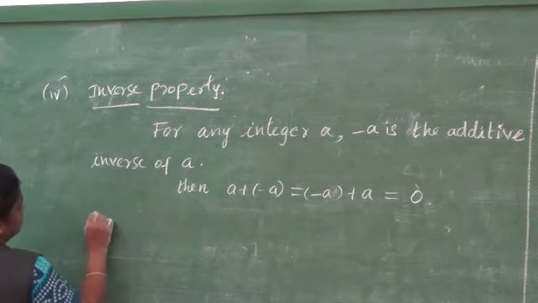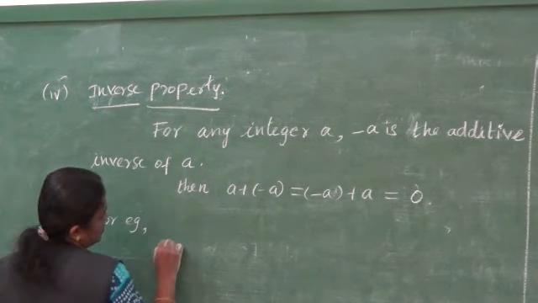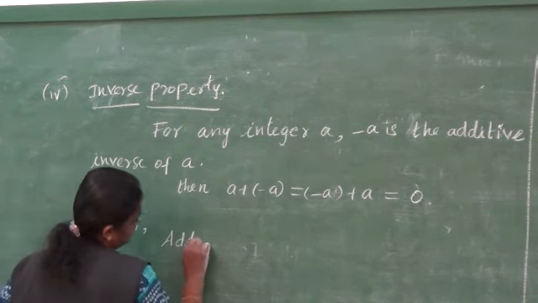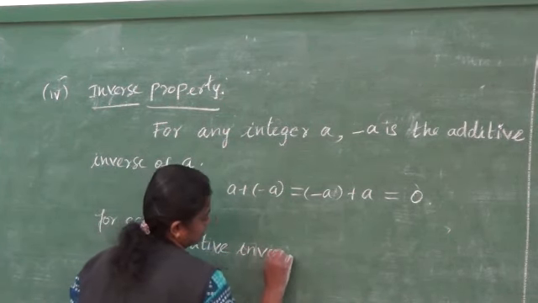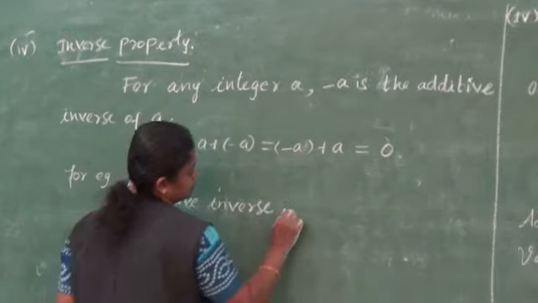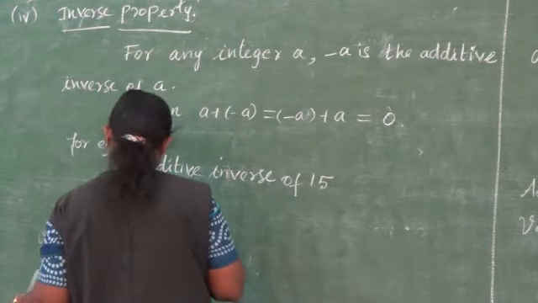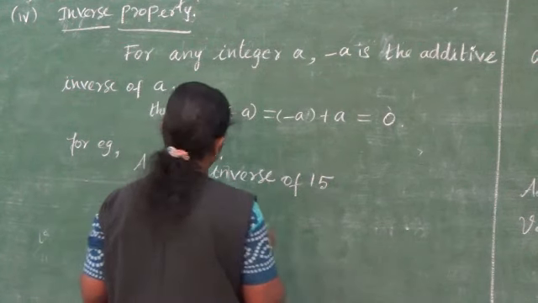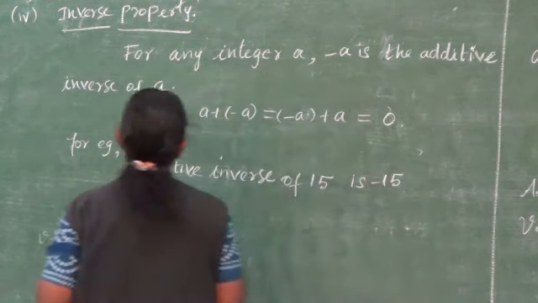For example, the additive inverse of 15 is minus 15.